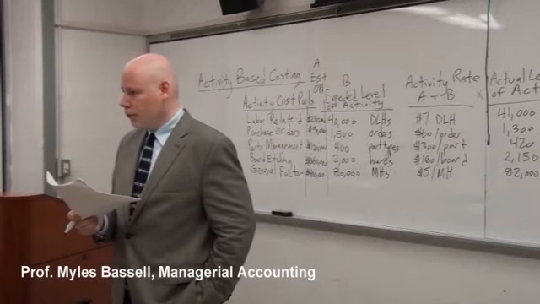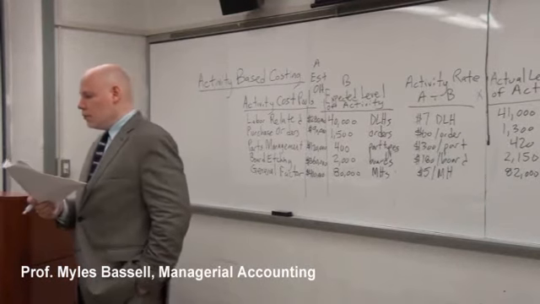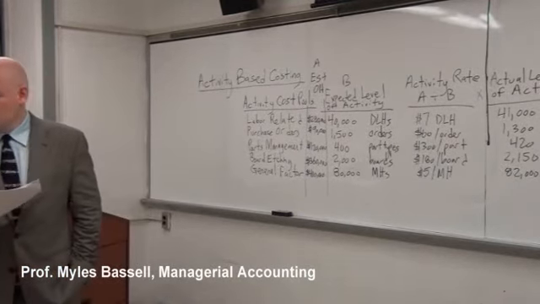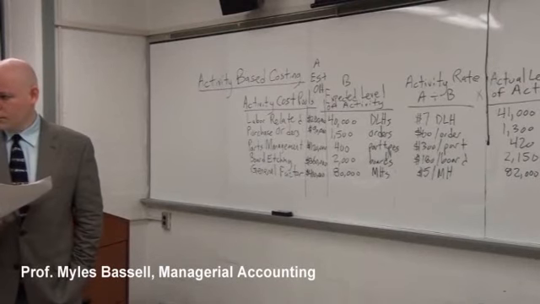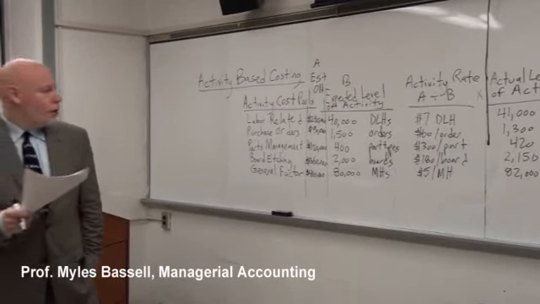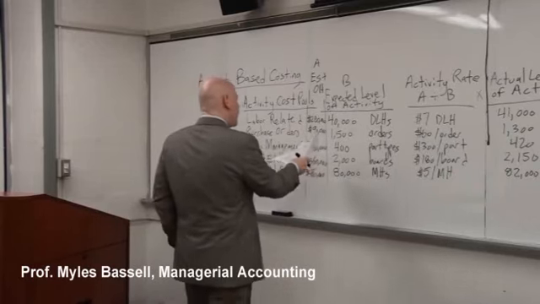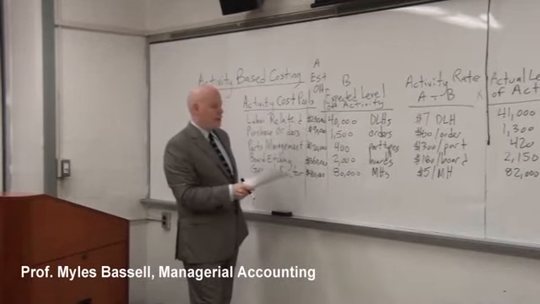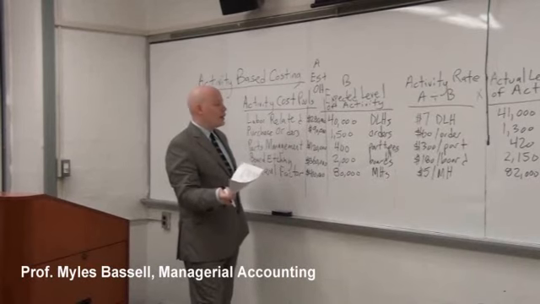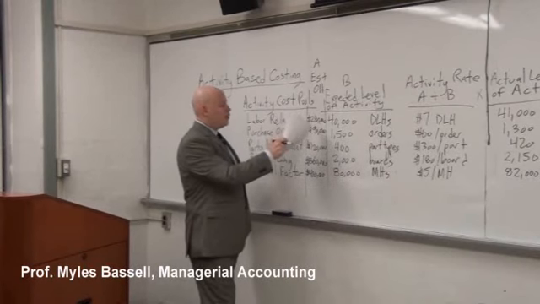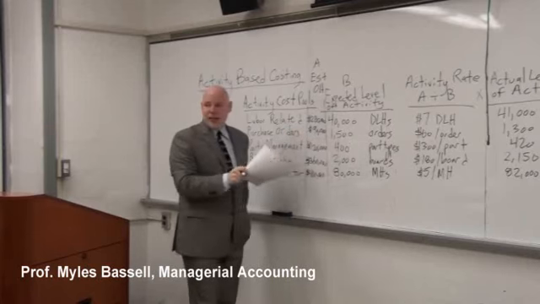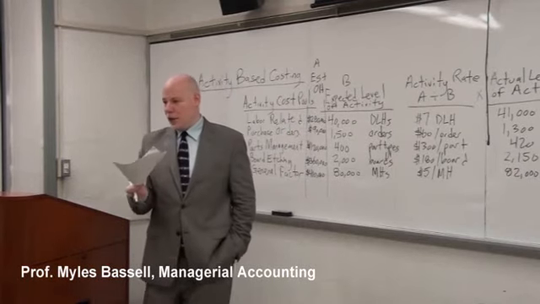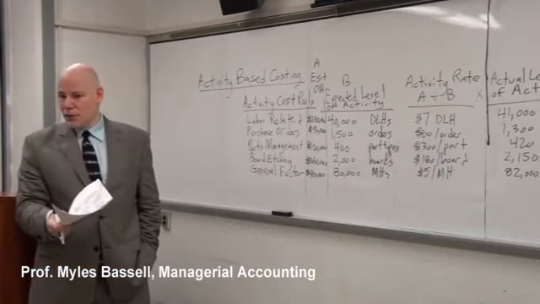But it's like a hypothetical. This is based on information that we have from operating the process. But what we don't know is what's going to happen if we change the level of activity. That's what we're trying to figure out, to help us make decisions.